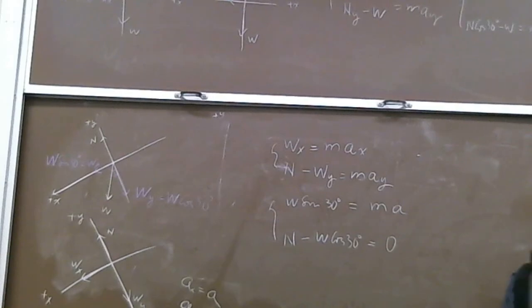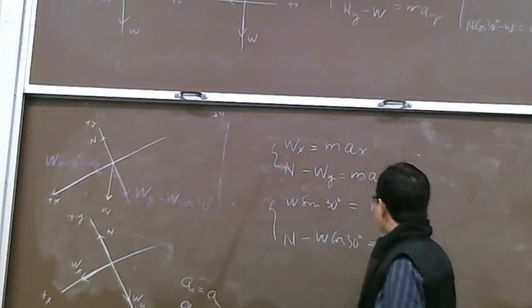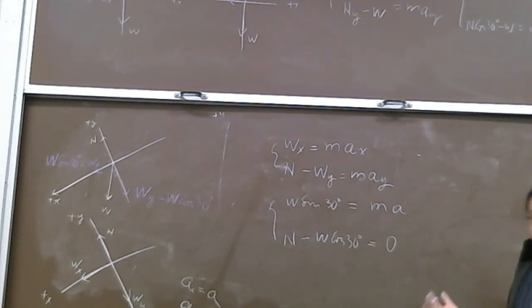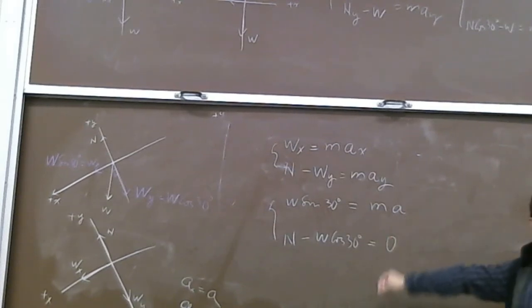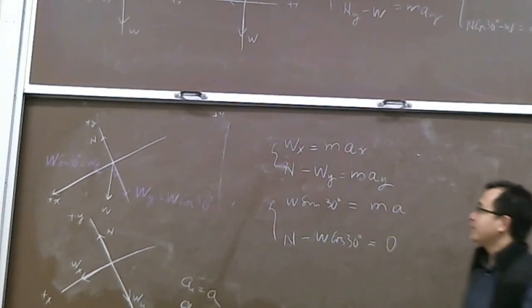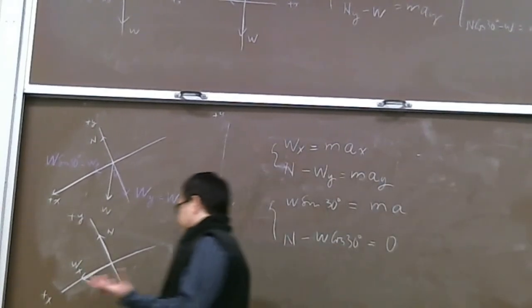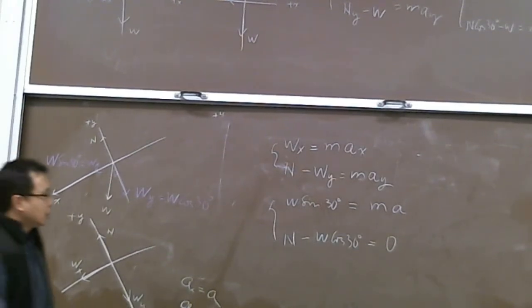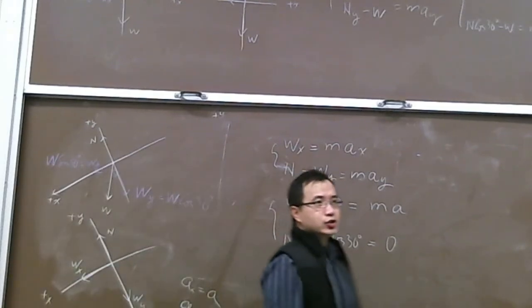Once you have these equations, the rest is purely a mathematical issue. You just need to plug in numbers and calculate the known and unknown quantities. And the physics is these things: make the graph, identify components, write down Newton's second law along the x and y directions.